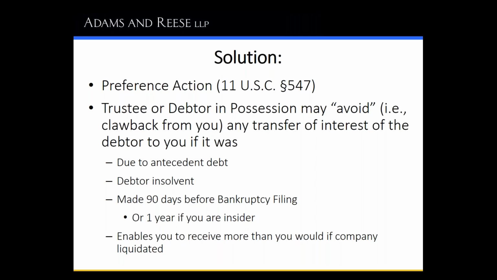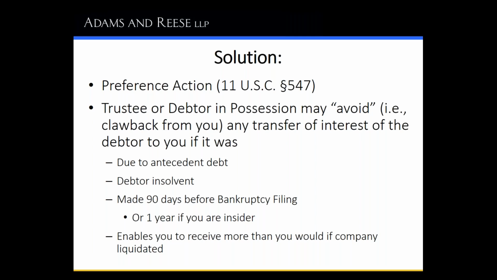If you got 1,000, you got $900 too much. If you got $150, you got $50 too much, which triggers yet another example because the code sets minimums on how much a trustee has got to have in preference claims before he can pursue a creditor, such as the bank.